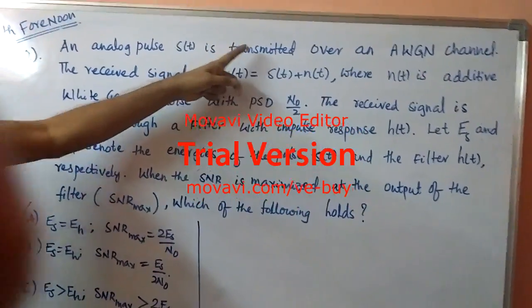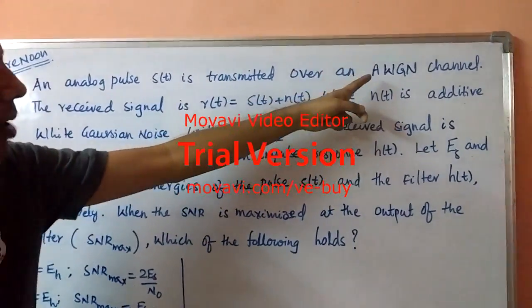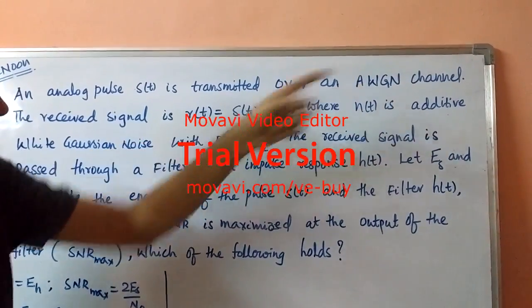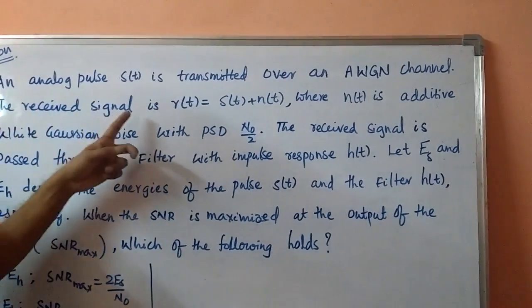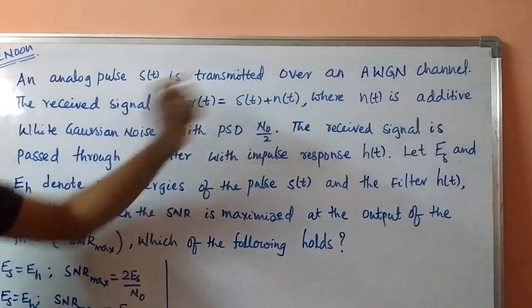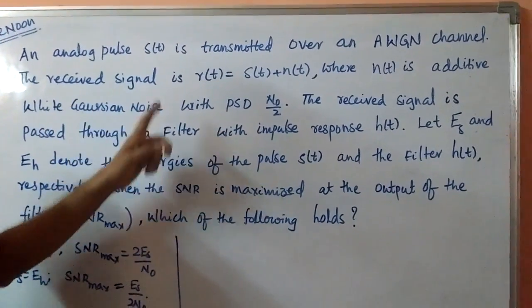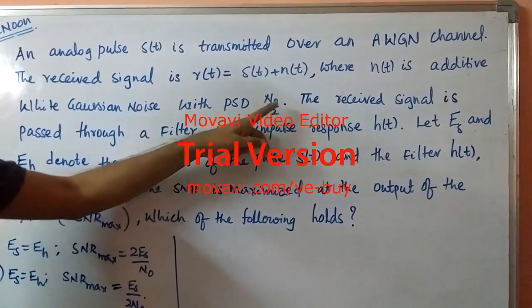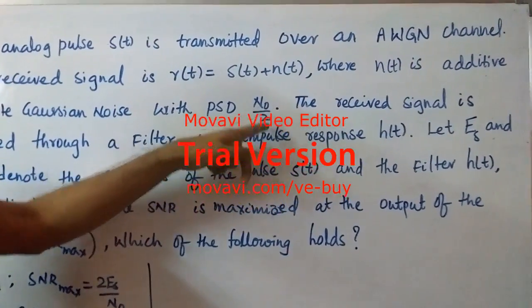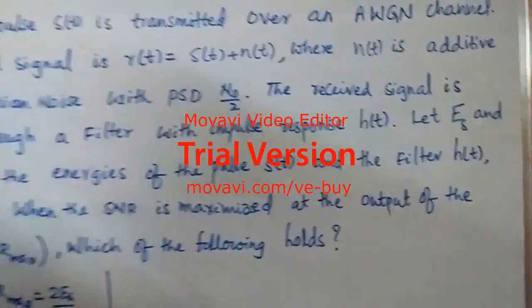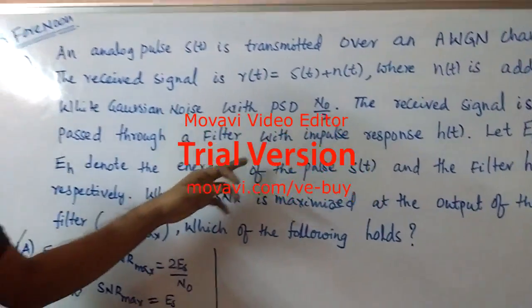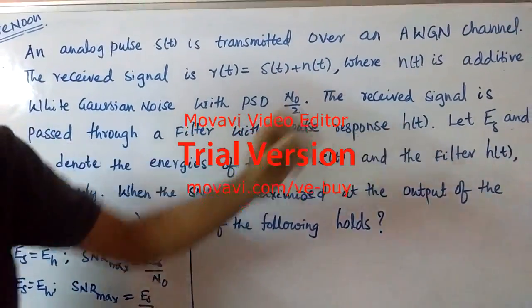S of t is transmitted over an AWGN channel, an additive white Gaussian noise channel. The received signal is R of t equals S of t plus N of t, where N of t is additive white Gaussian noise with power spectral density N0 by 2. The received signal is passed through a filter with impulse response h of t.